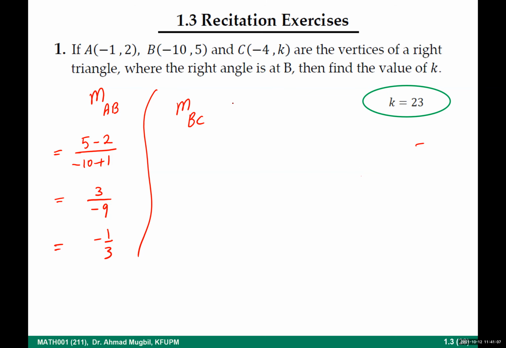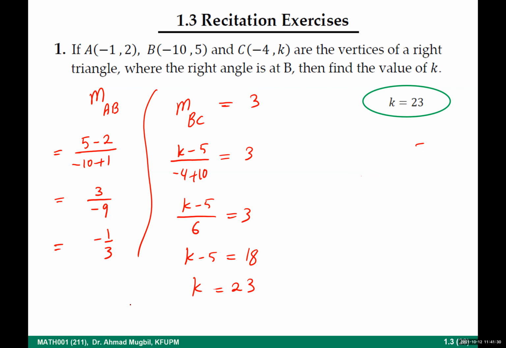So this must be equal to 3. So what is it? It is (K minus 5) over (negative 4 plus 10). Don't change the direction. This equals 3, which means that K minus 5 over 6 equals 3, which means that K minus 5 equals 18, which means that K equals 23.